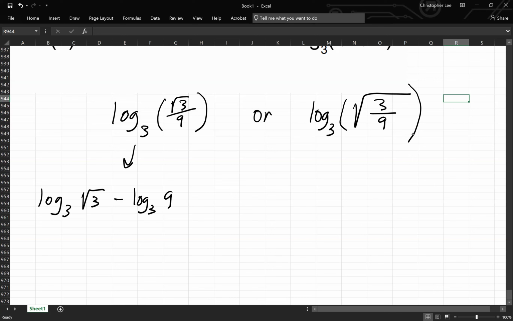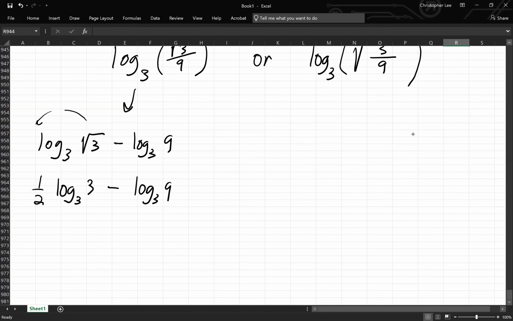You kind of just play with the rules of the logarithm. Remember that I can pull the exponents down front. So this becomes 1/2 log base 3 of 3 minus log base 3 of 9, right? So log base 3 of 3 is asking me 3 raised to what power is 3? We know that that's just 1. So this would be 1/2 times 1 minus log base 3 of 9, right?